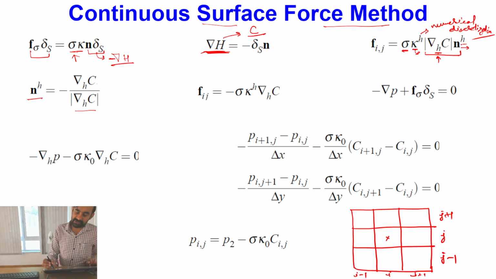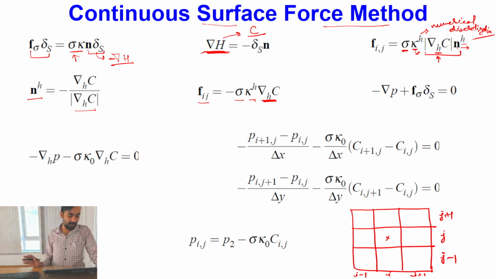So normal can be computed this way. If I substitute this definition of the normal vector over here, what will happen? The magnitude of the gradient of C will cancel out in the denominator and the numerator, and finally I will get f at i, j equal to minus sigma kappa_h into the gradient of C. Is this point clear? All are clear with this idea?